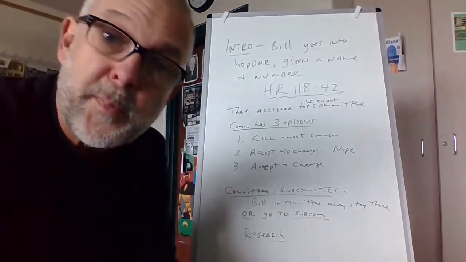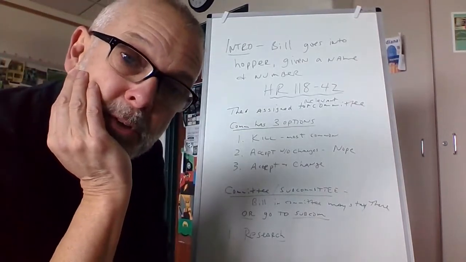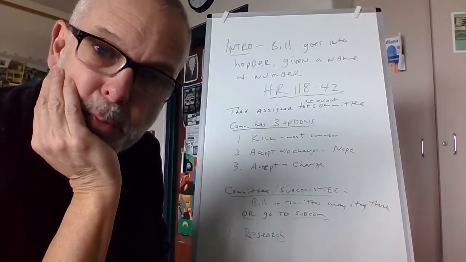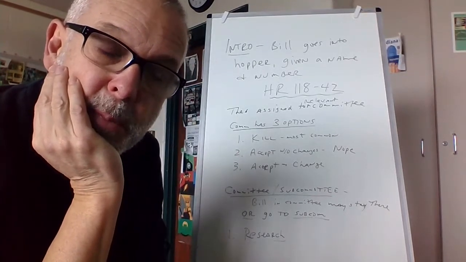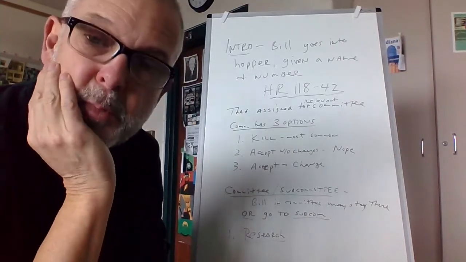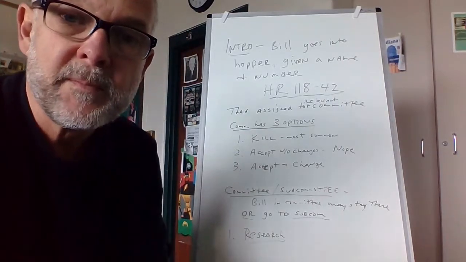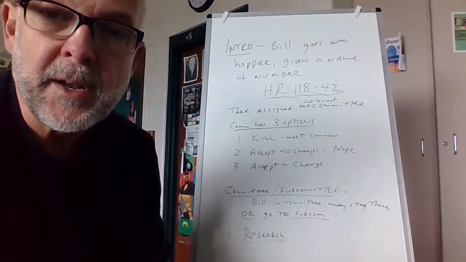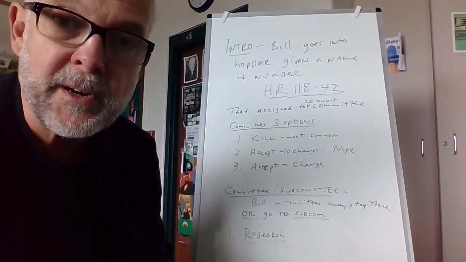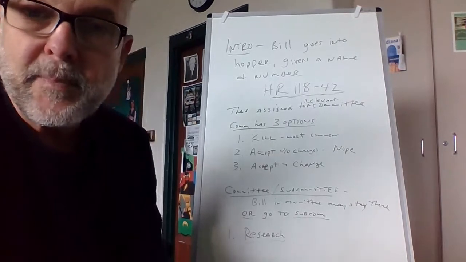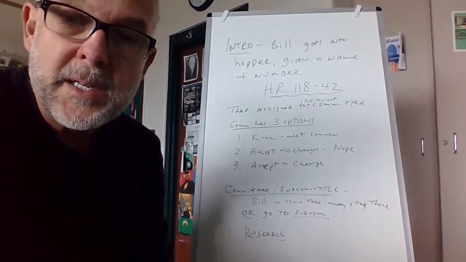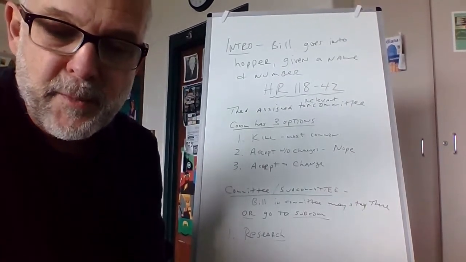But you need to find a sponsor for your bill, and a sponsor, I don't mean like this bill brought to you by Nestle, but you find a representative who is willing to be your champion, if you will. So if you want to legalize marijuana, you're probably not going to go to Victoria Sparks. You're going to go to some, I don't know, Vermont or Northern California guy or whatever.